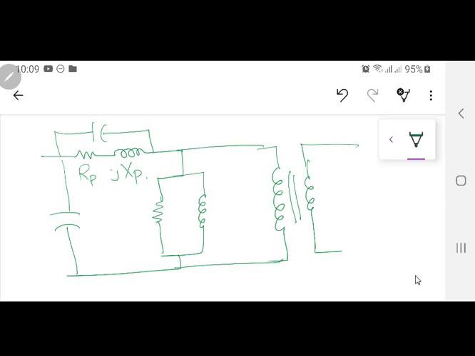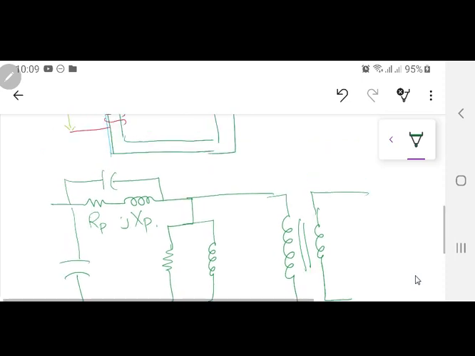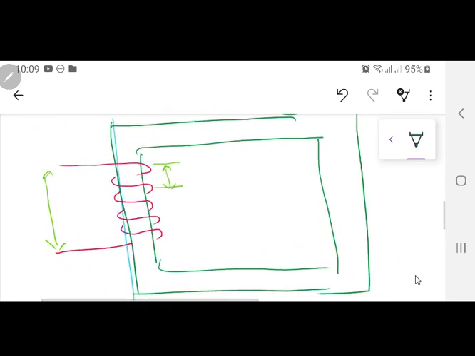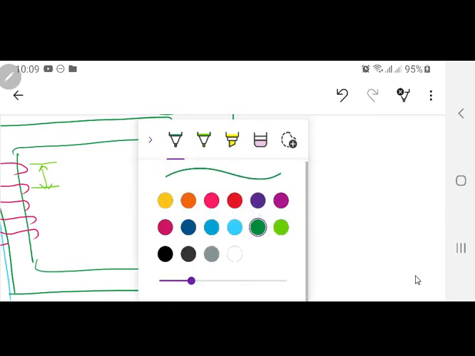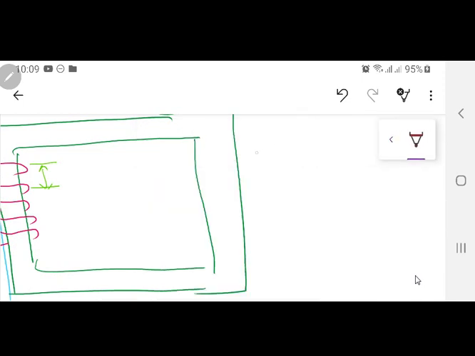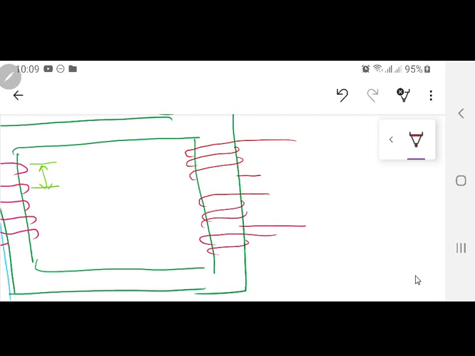And how are we going to make this capacitance? When we are actually designing a winding over here, supposedly I am designing that winding on this limb, let me just make a winding. This time I am not going to design the winding in one go. Supposedly I will design one packet like here, then another packet over here, and then another packet over here. So what I have done, I have bifurcated the whole winding into 3 different packets at some distances.